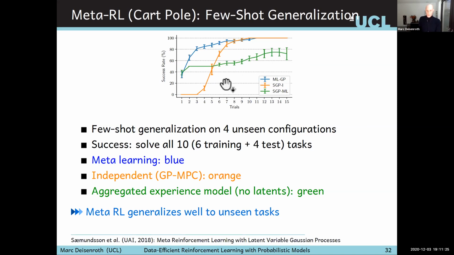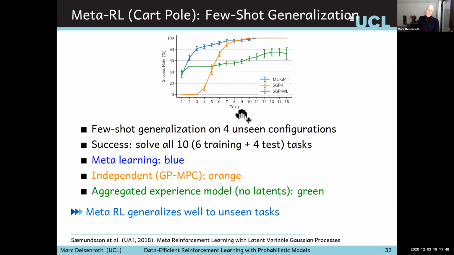But if we use this approach with meta learning, where we use these latent variables to make the distinctions between individual tasks, we have a warm start at around 35%. After around 3 additional trials, we get to an 80% success rate, and around 90% we get already after 6 trials. I think that's very encouraging.